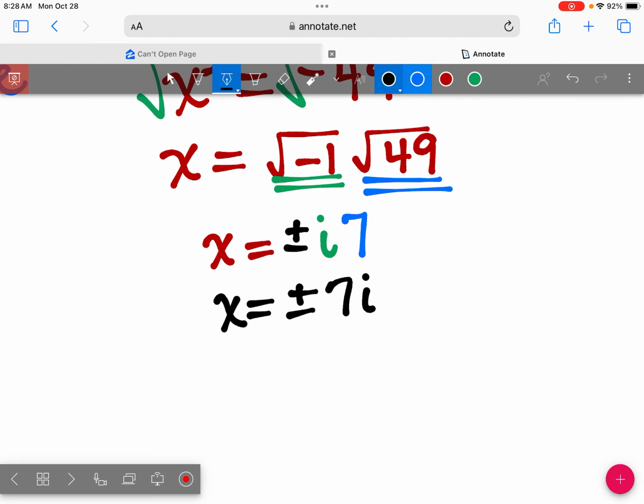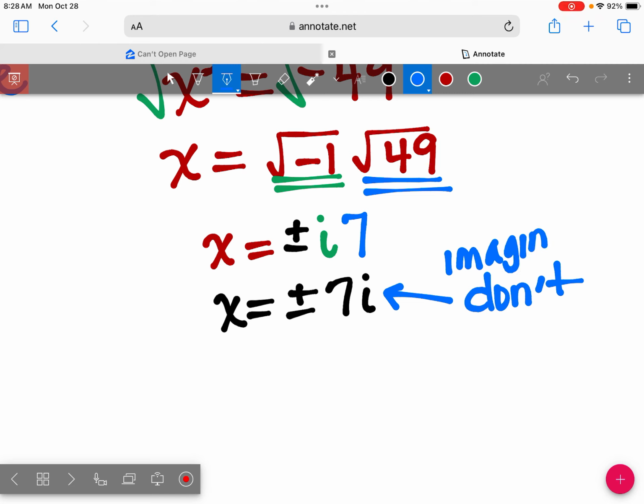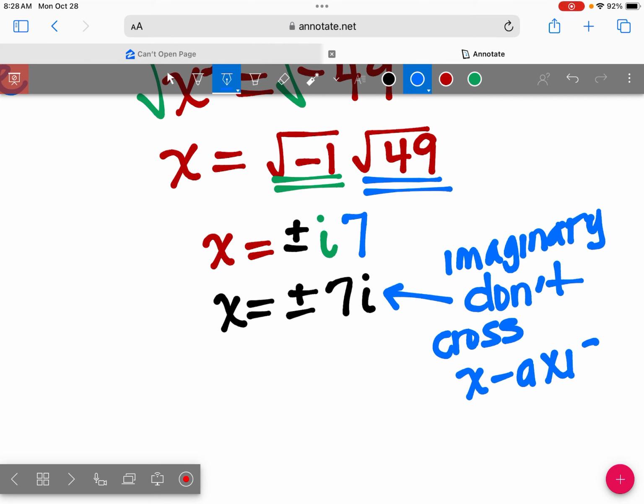Because this is imaginary, imaginaries don't touch the x-axis. So even though there are 4 solutions, it's only going to touch the x-axis at 0.